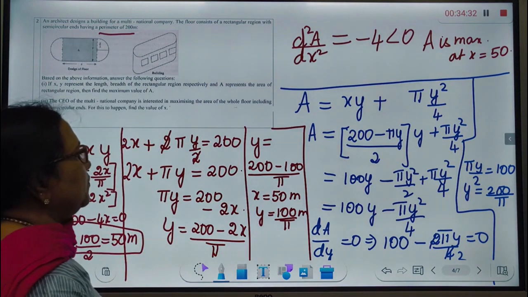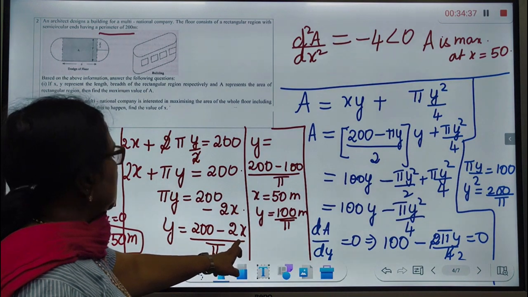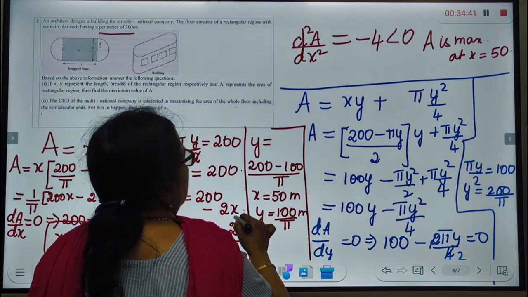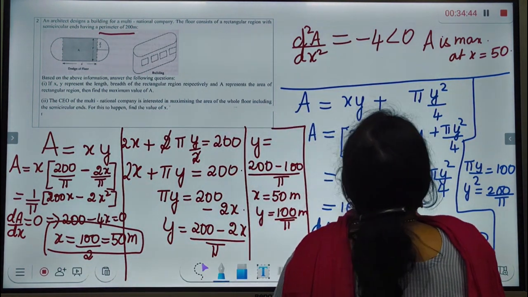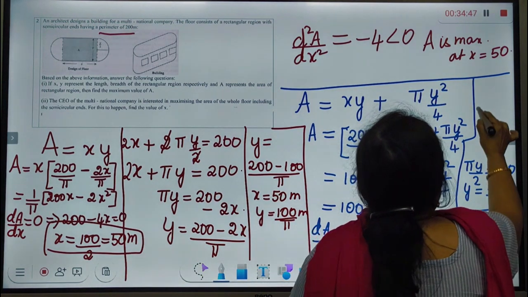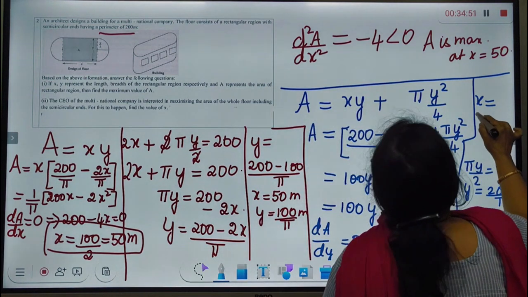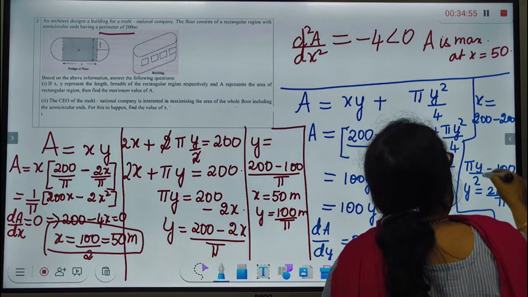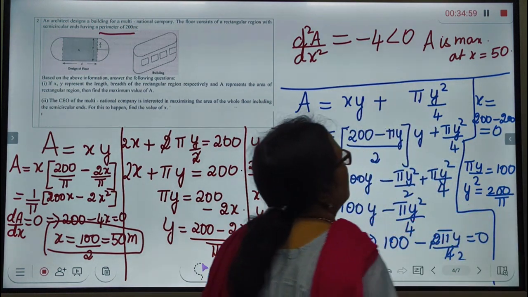When y is 200 by pi, what is x? Where is x? This is my x. So, when I substitute for x, I will get x is equal to (200 minus 200) by 2, because pi into pi will get cancelled, giving you 0.